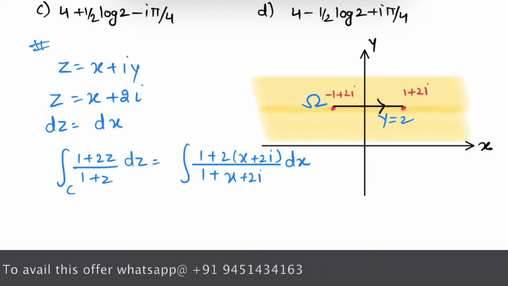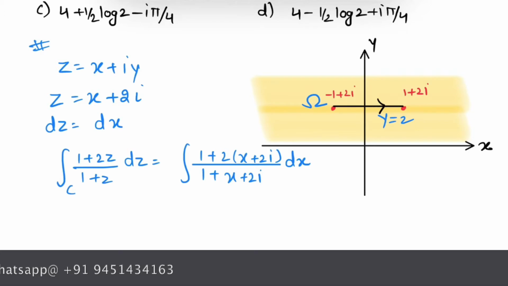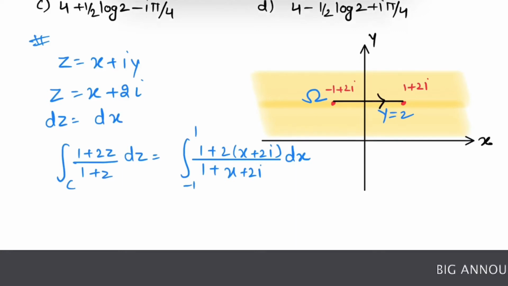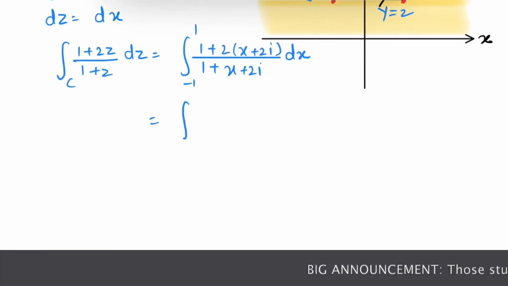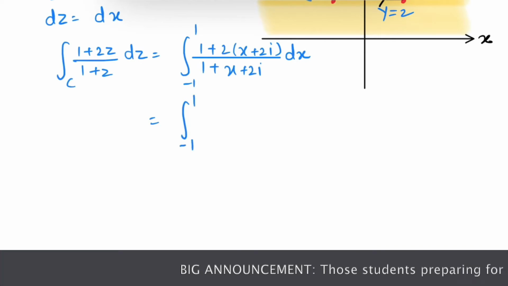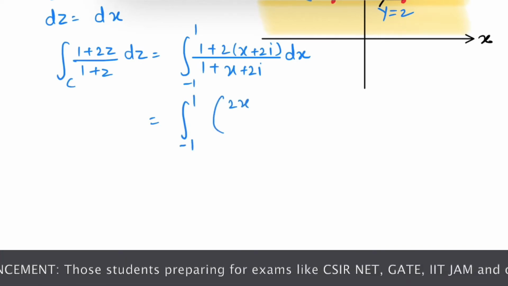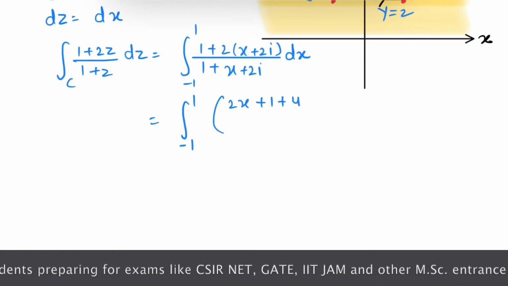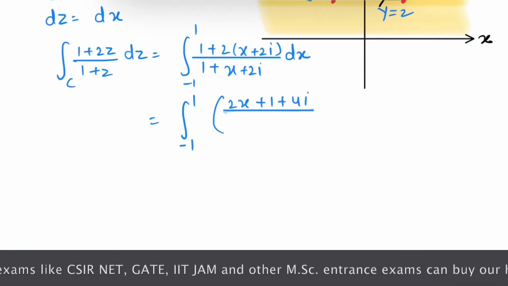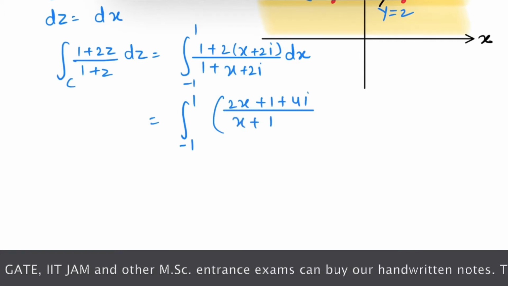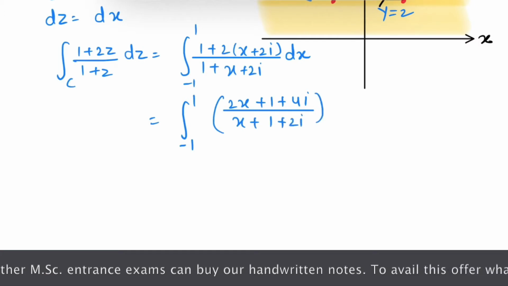Since x is varying from minus 1 to 1, the limits will be minus 1 to 1. So now let's simplify. We can write this as the integral from minus 1 to 1 of (2x plus 1 plus 4 iota) over (x plus 1 plus 2 iota) dx.